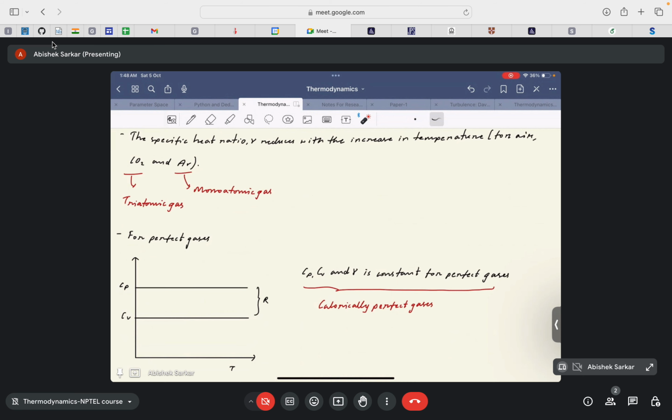Now if we want to generalize this notation for n number of gases, because there are instances where we will be dealing with a mixture of 2, 3, 4, 5, or n number of gases. Ideally, if you want to be thermodynamically more accurate, then air can be considered a mixture of many different types of gases: carbon dioxide, argon, water vapor, sulfur dioxide.